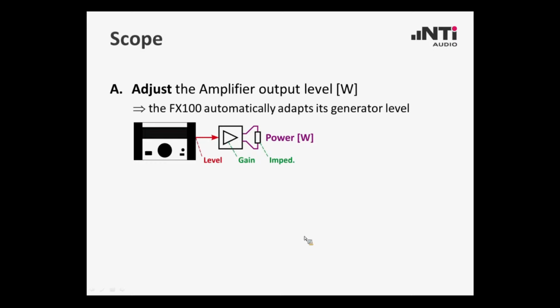For this purpose, we need to know two parameters: the gain of the amplifier and the impedance of the load. By knowing these two values, we can calculate the output level of the FX100 to generate the required power dissipation across the load. And this calculation is done absolutely automatically within the FX100, so you don't have to care about that.